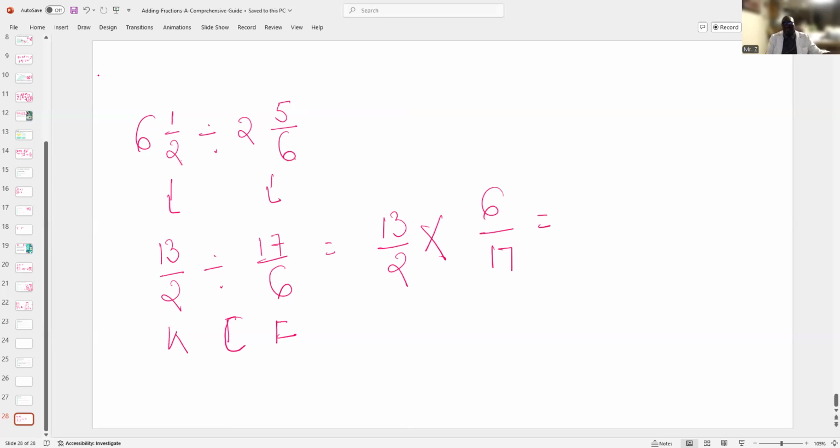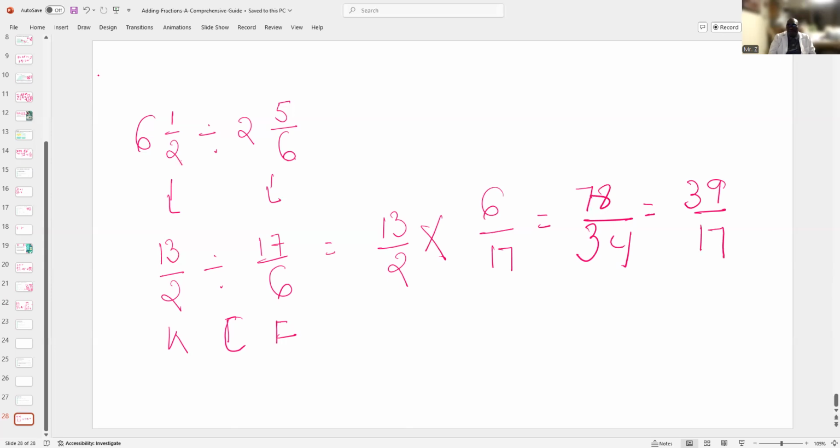All right, so multiply that together. 13 times 6 gives you 78. Then 17 times 2 gives you 34. You can simplify both numbers by 2. You have a 39. Simplify that by 2. You have a 17.